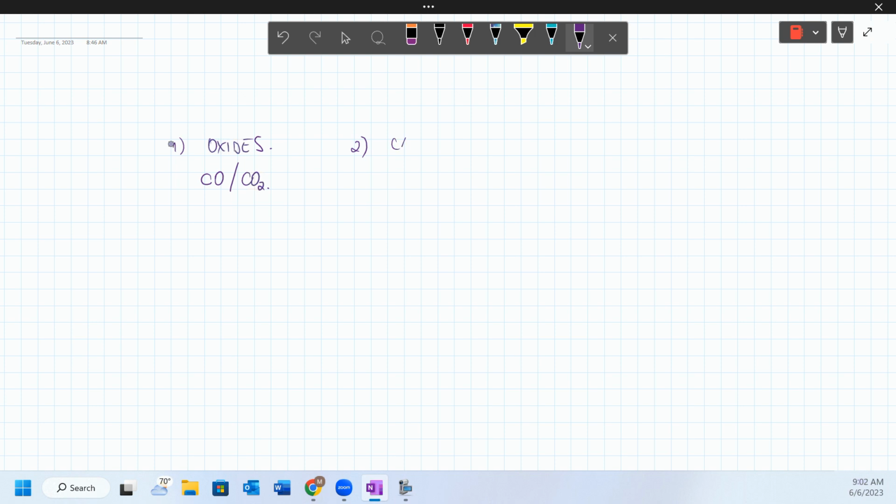When we see carbonates, one of the polyatomic ions, CO3 2 minus, in the form of a salt, let's say sodium carbonate, this is not considered to be an organic compound. The third exception is cyanide.